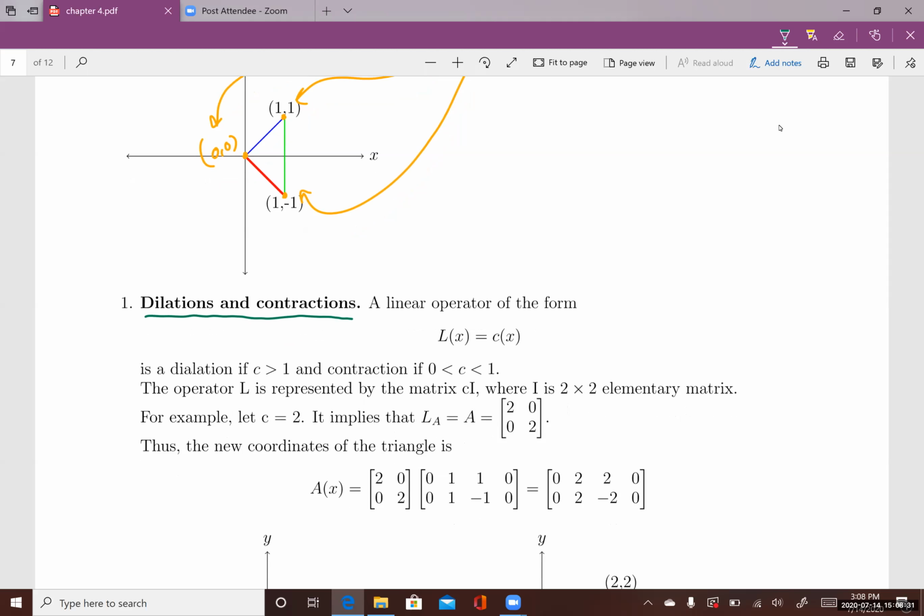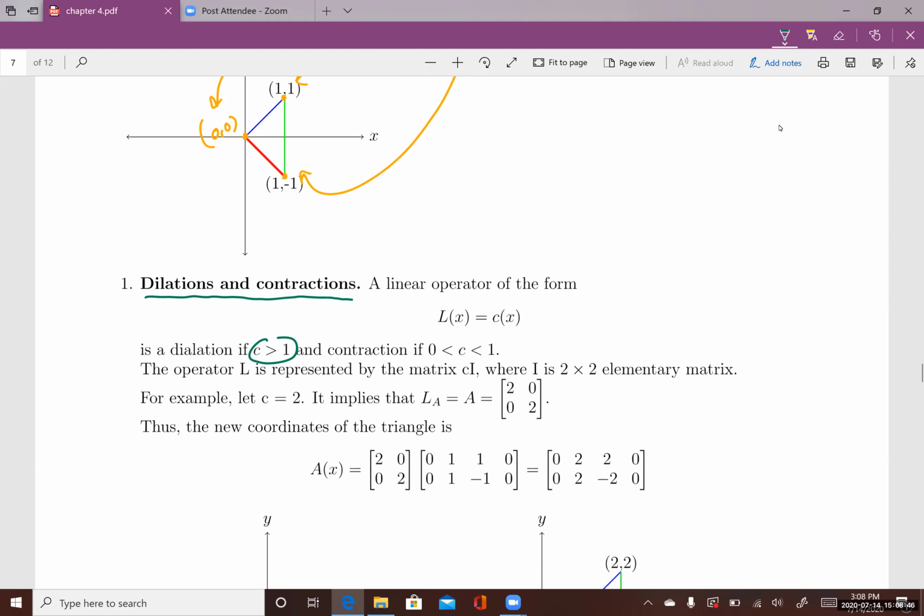So if c is greater than 1, that means you're making a dilation. And if c is less than 1 and greater than 0, you're making a contraction. So the operator L is represented by the matrix c times I, where I is the 2x2 identity matrix.